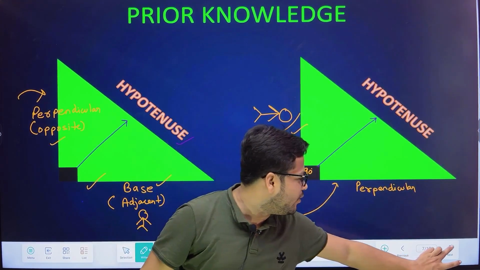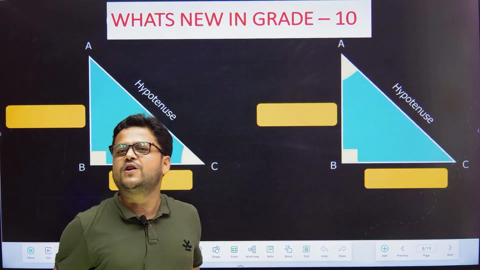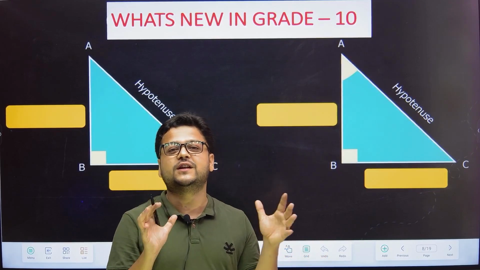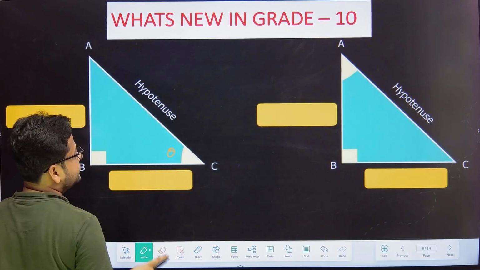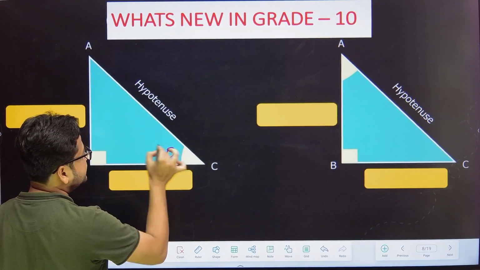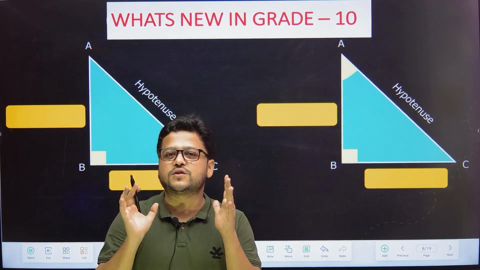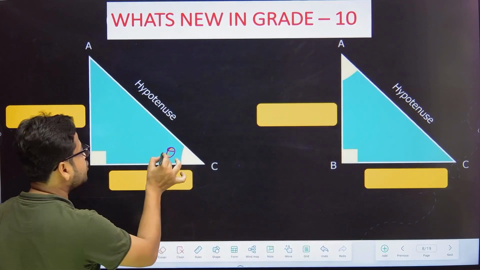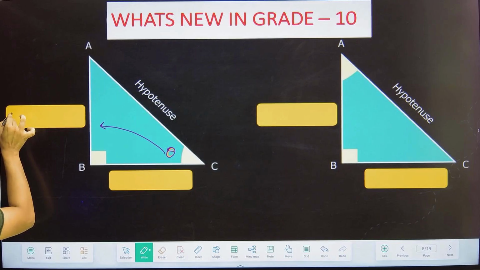Let me tell you one important thing. As I told you, in trigonometry, theta is very important. Acute angle is the hero of trigonometry. So, here if this is theta, students, the side opposite to the angle under consideration is called perpendicular or opposite.